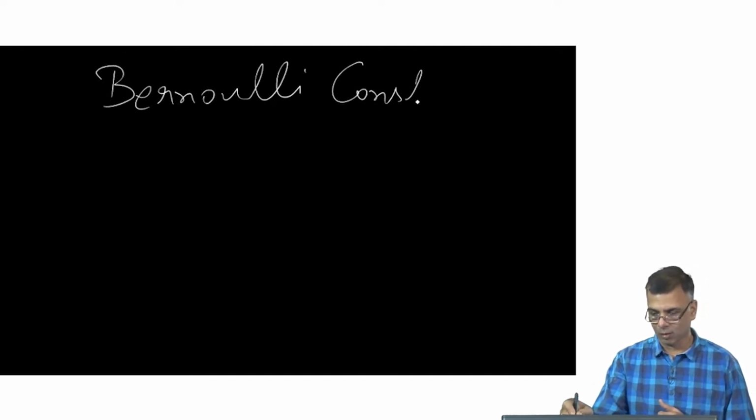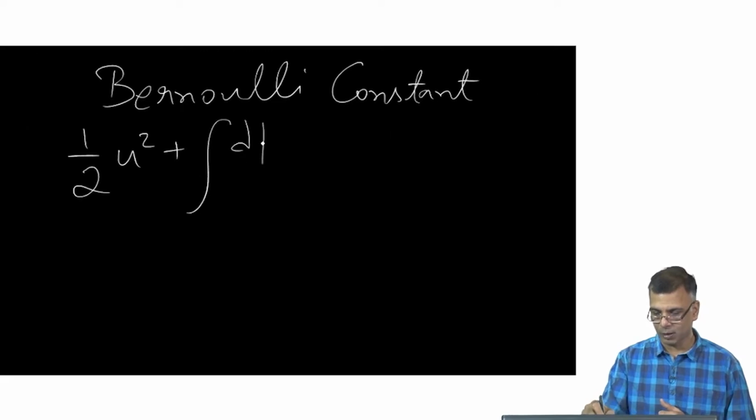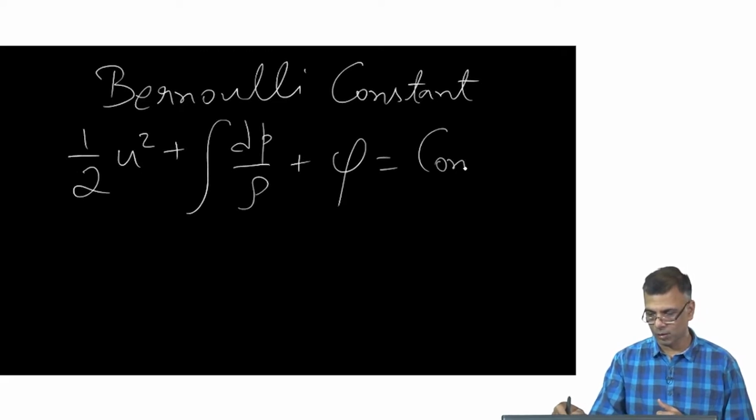in the form of a Bernoulli constant, where you remember this, right? So the Bernoulli constant, which is something like 1/2 u squared plus a potential, equals a constant.